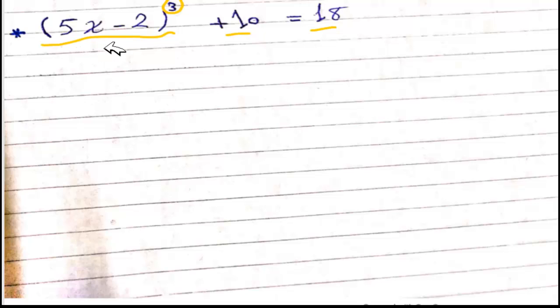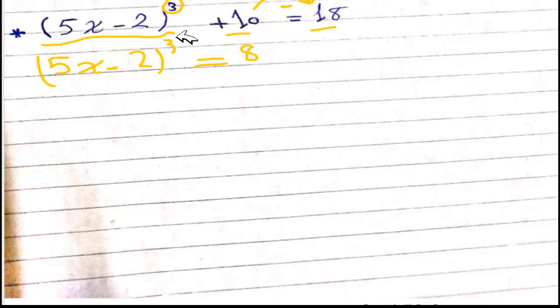So I will keep (5x minus 2) to the power 3 on the left side, just like that. And positive 10 will be negative 10 on the other side. So 18 minus 10 is 8.